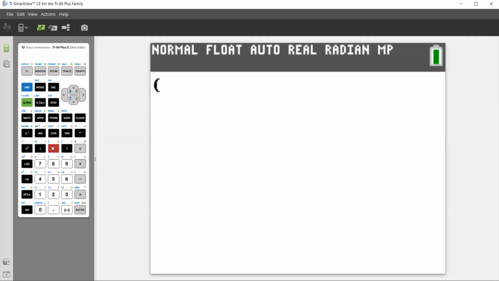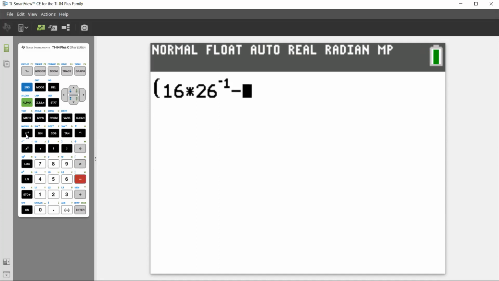So the test statistic is going to be 16 divided by 26 minus 7 divided by 26. So how do we want to do this? The way I would do it is I would do 16. Instead of dividing by 26, one thing you could do, just quicker, is multiply times 26, and hit the x to the -1 power. Now, 16 times 26 to the -1 power means 16 divided by 26, right?